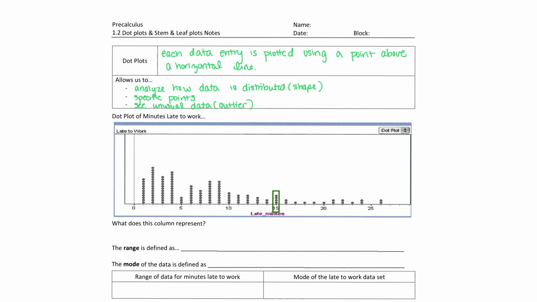So if we look here at this column that I've highlighted in green, you see that you have 4 dots above the 15, which means that 4 people were 15 minutes late to work.